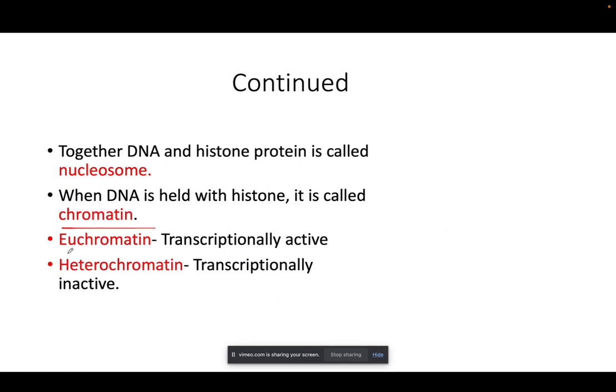Okay, so euchromatin is a structure of the DNA that is transcriptionally accessible, which means it's pretty much an open DNA where the transcription enzyme can easily access the DNA to make mRNA. Okay, whereas heterochromatins are transcriptionally inactive because they are a condensed form of chromatin.